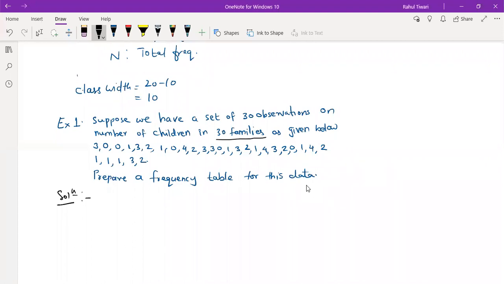How many children are there in a particular family? The data is given below: 3, 0, 0, 1, 2, 3, like that. Just count this, you must have 30 observations. 1, 2, 3, 4, 5, 6, 7, 8, 9, 10, 11, 12, 13, 14, 15, 16, 17, 18, 19, 20, 21, 22, 23, 24, 25, 26, 27, 28, 29.